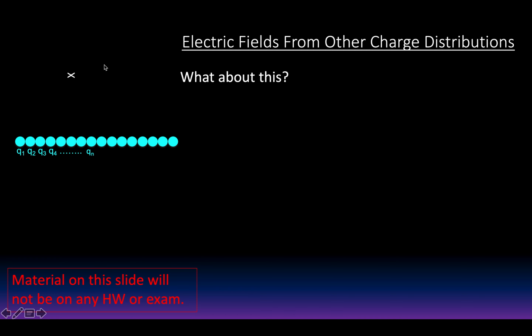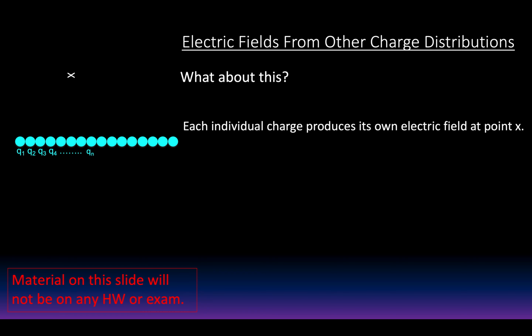So the way I'm going to think about this is I'm going to say each individual charge, Q1, Q2, Q3, Q4, Qn, all of the charges that make up this line will create their own individual electric field at the point in question. And we're going to pretend this line extends infinitely far in both directions.